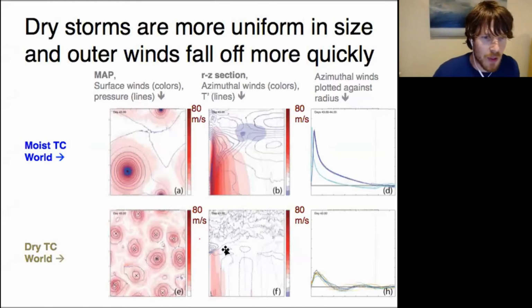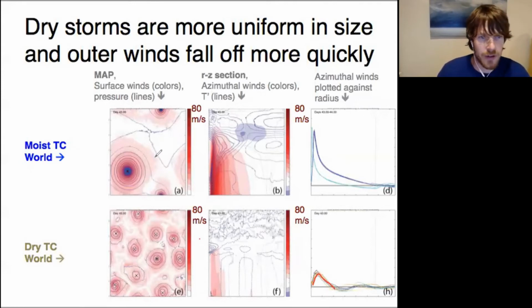As I mentioned before, they're much weaker, but the azimuthal winds of each storm look very similar compared to one another. So this right-hand column is showing the radial profile of azimuthal winds, and if we identify each dry vortex separately and look at a composite in radius of its azimuthal wind speeds, they all follow this very similar shape.